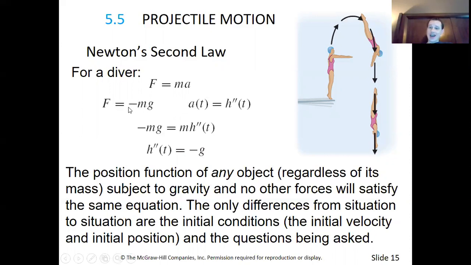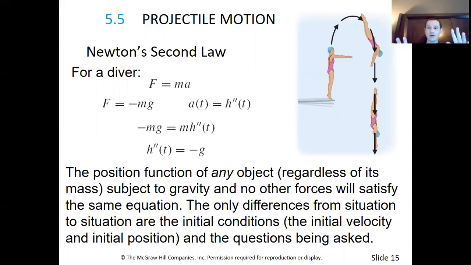We figured out due to gravity, it's negative mg. So if you plug negative mg in for ma, because that's what force is, you get negative mg equals negative m h double prime of t. Dividing through by the mass on both sides, which you're allowed to do because it's positive, you get that the second derivative of position with respect to time is negative g.